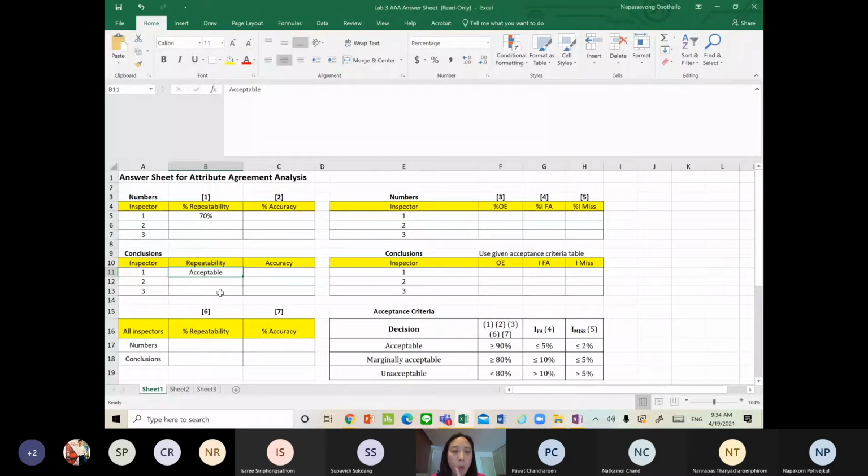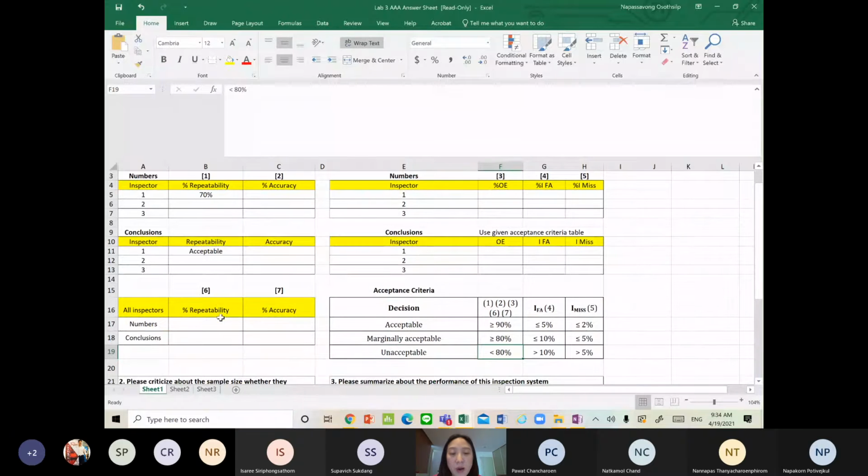So the conclusion for inspector 1: his percent repeatability of 70%, I'm sorry, 70% actually is less than 80%, right? So the decision should be unacceptable. I'm sorry about this.